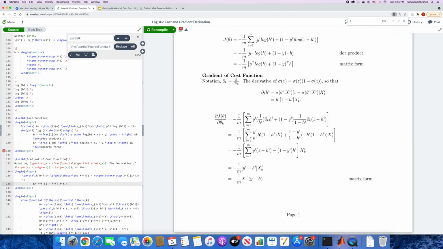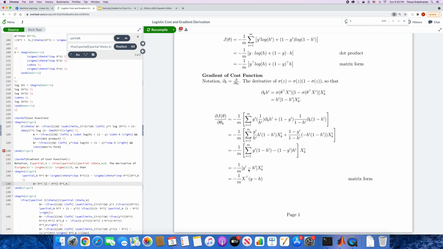Cross out h_i on this side, cross out 1 minus h_i on this side, and we are left with this. With some distributive property of algebra, we can simplify to (y_i minus h_i) times x_ik.